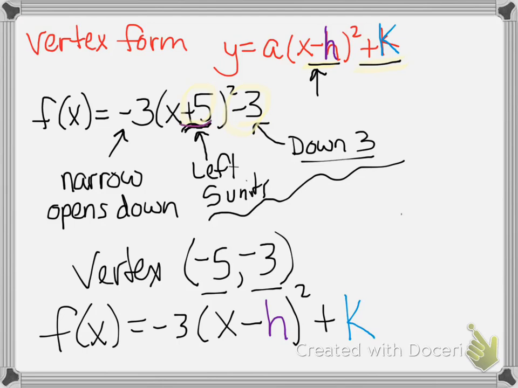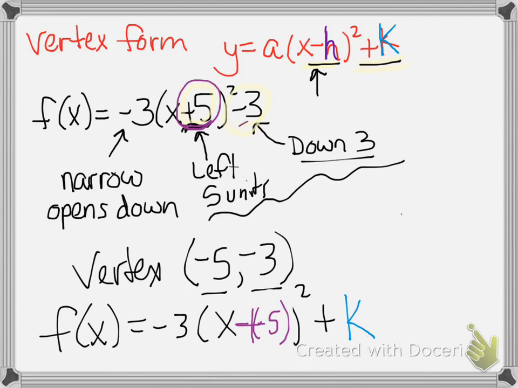Okay? So these numbers, this number right here was a +5. So that means that this h right here, to make this say x plus 5, that h must be negative, because taking away a -5 is the same as adding it.